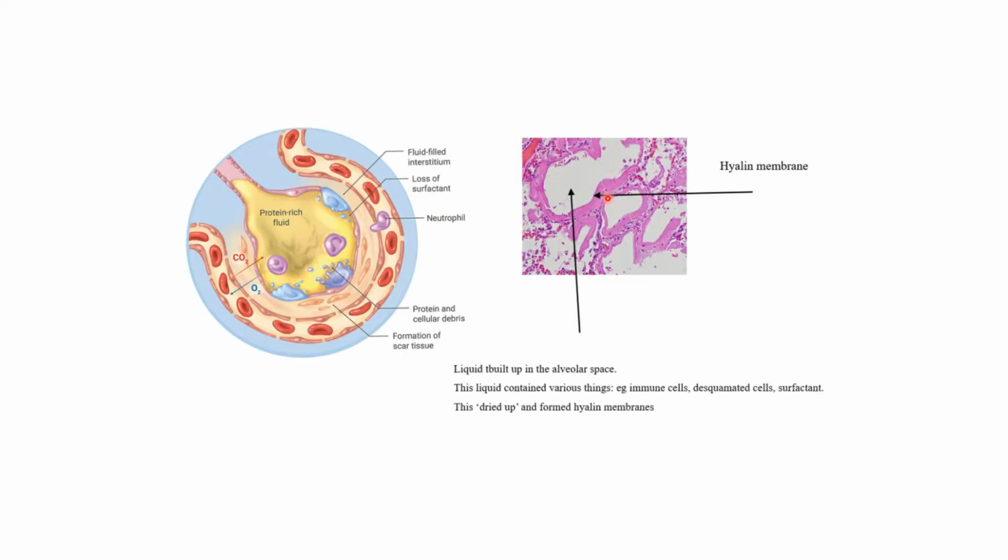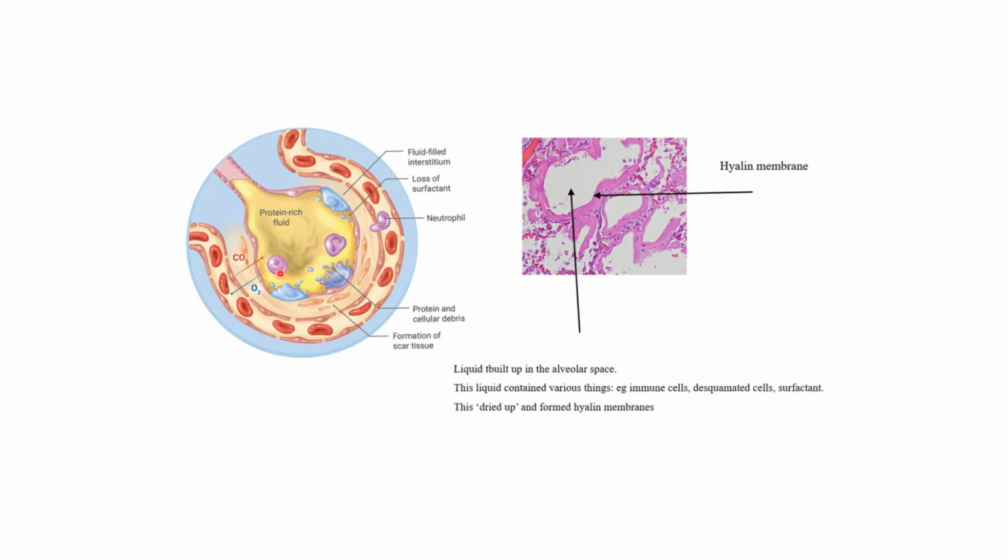How do they form? Well, during the disease process, these alveoli actually became filled with fluid, protein-rich fluid, with cells, cell debris, surfactant, immune cells, macrophages, whatever there was in the lung, plus the debris in that liquid.